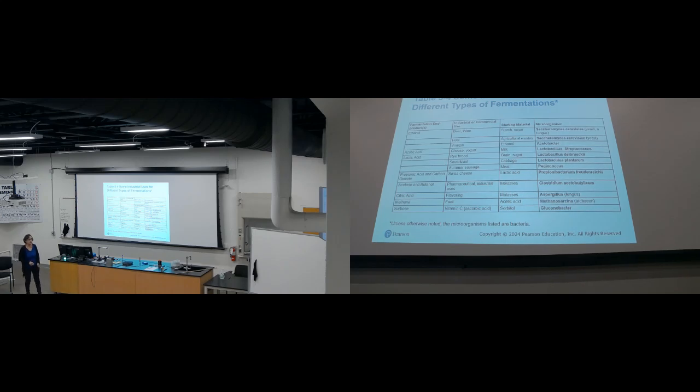So some industrial uses for the different types of fermentations. Ethanol can be made out of starch or sugar itself, like glucose. Can produce beer, wine. Acetobacter species can produce vinegar.